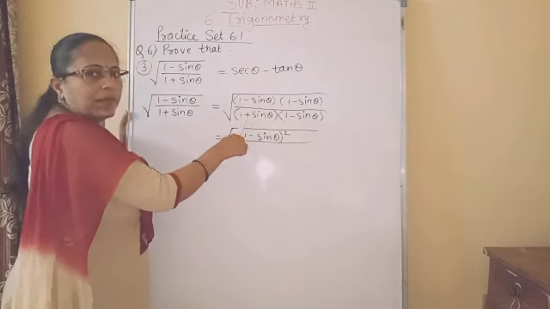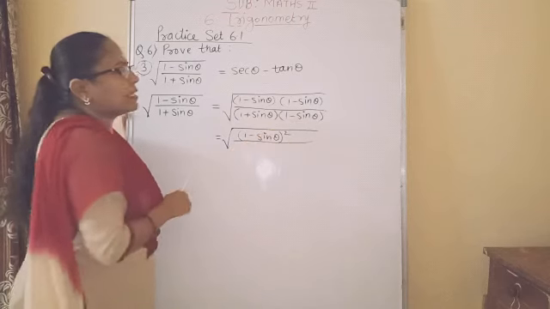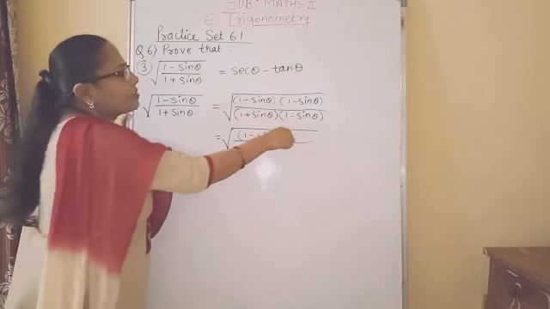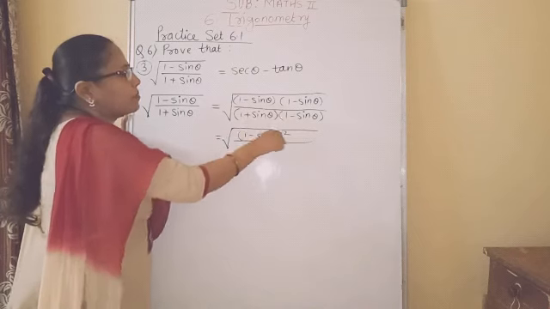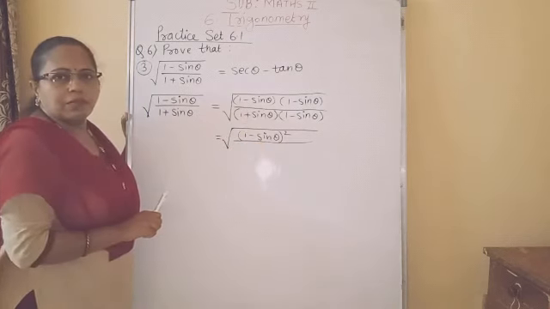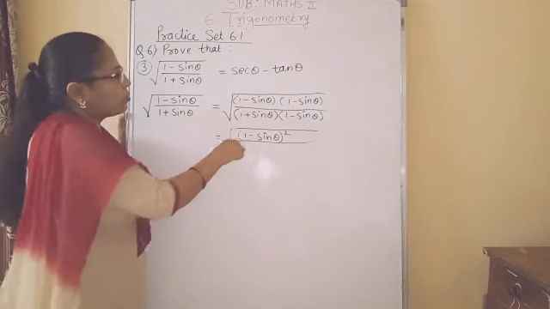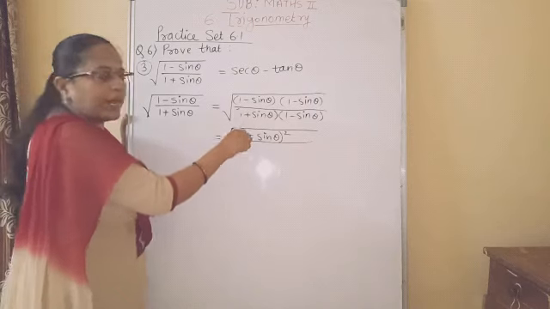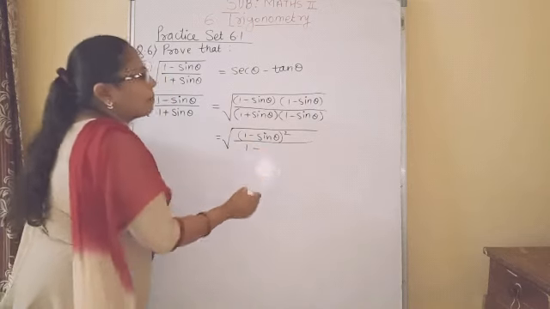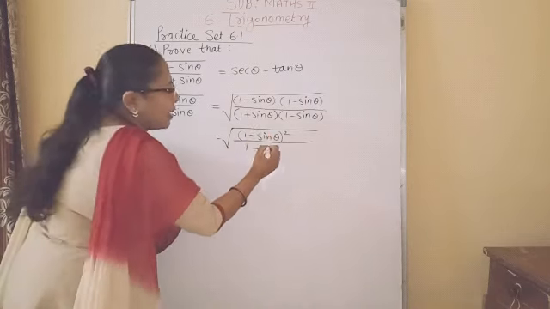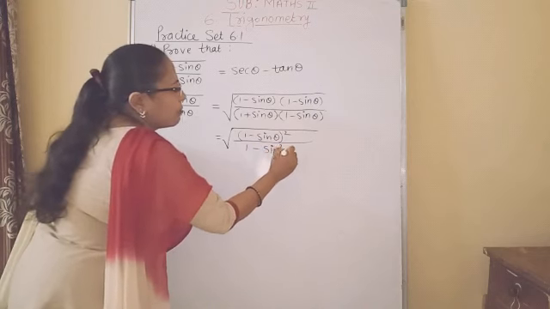Now denominator 1 plus sin theta into 1 minus sin theta. These brackets we got in the form of a plus b into a minus b. So the product of a plus b into a minus b is a square minus b square. So according to that, here 1 square is 1, minus sin theta square is sin square theta.